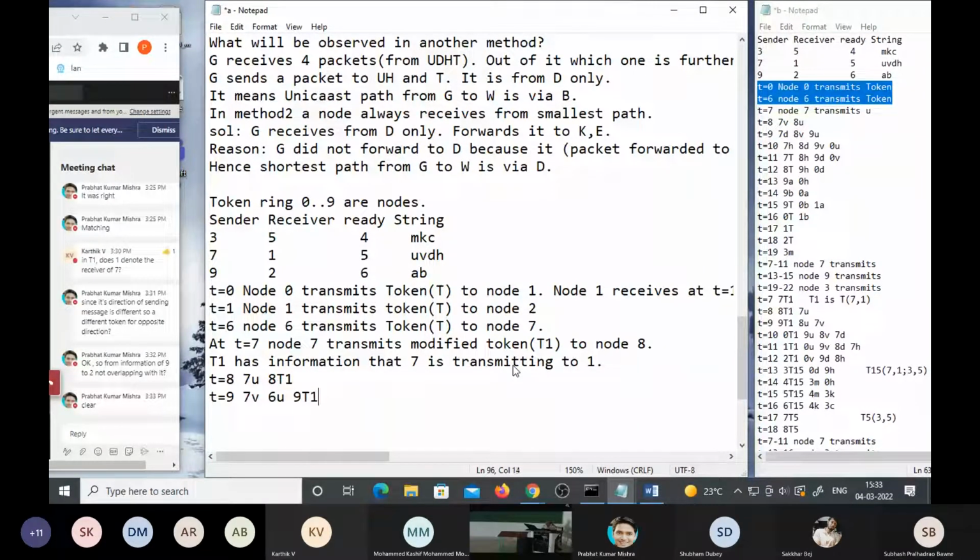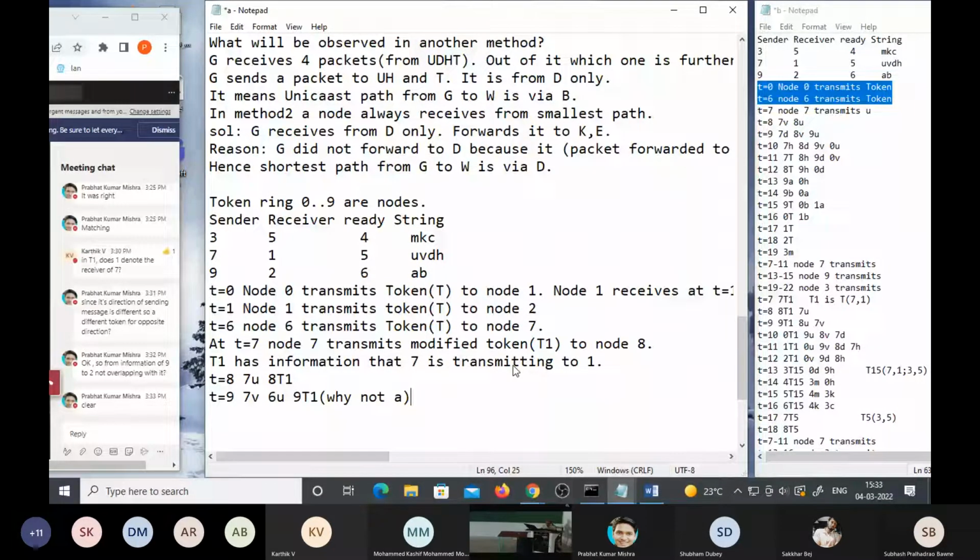Why not A? Because token T1 keeps the information that the message will reach up to 1. So 9 will not transmit A. Is it correct?